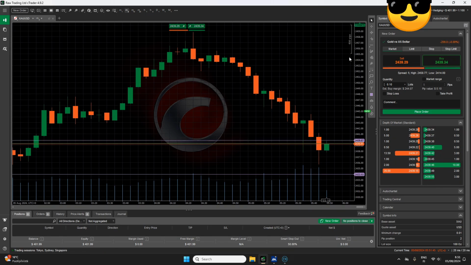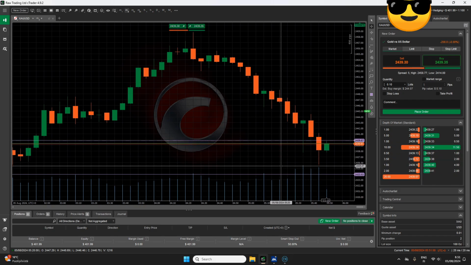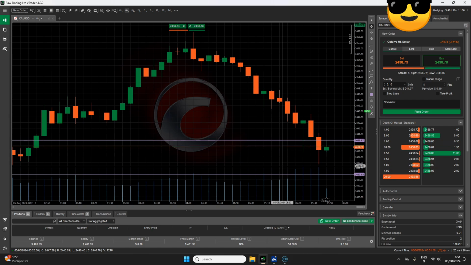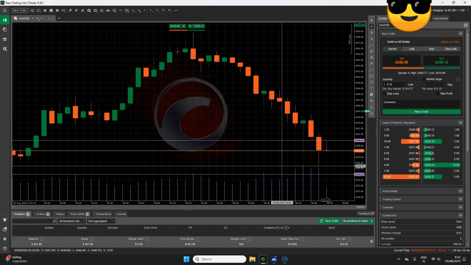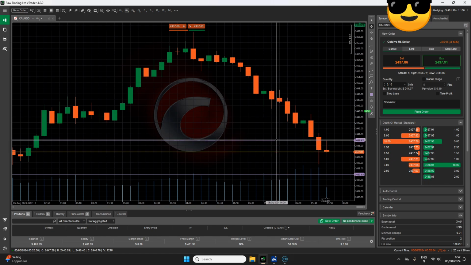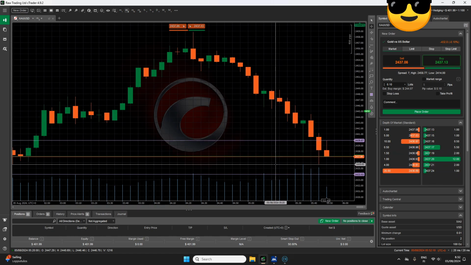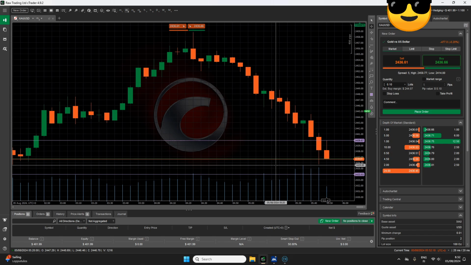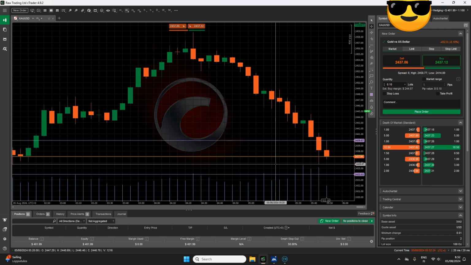If it happens the way I projected it, this low is 2435.37, and let's say 2435.37 to 2439. So between 35 and 39, that is about 40 pips, something like that. Around 30-something to 40 pips if it happens.